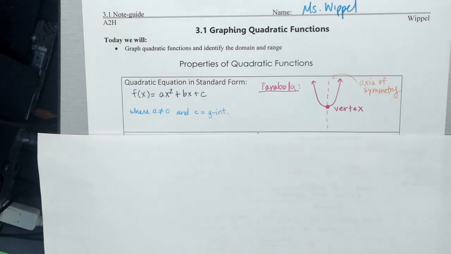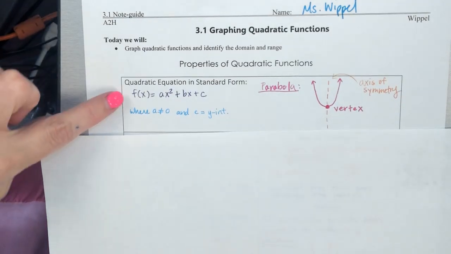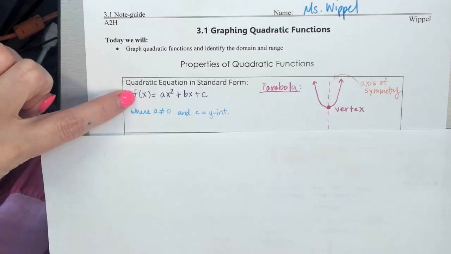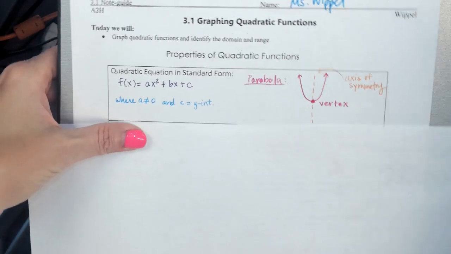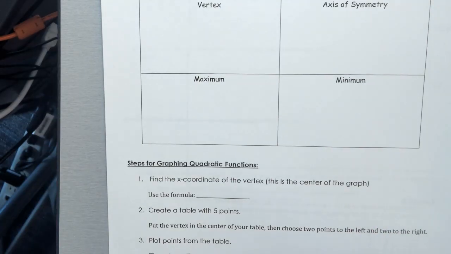Now we're going to talk about a few things related to your parabola. If you have f of x equals that, that'll be the same thing as the y or the output. The f of x is just your function notation.